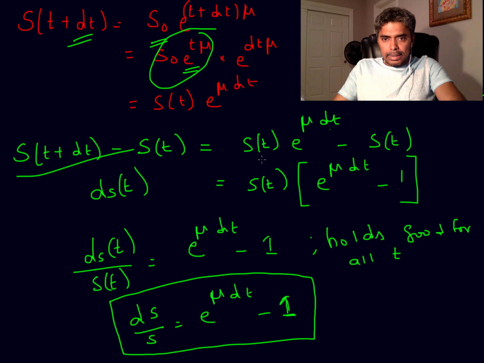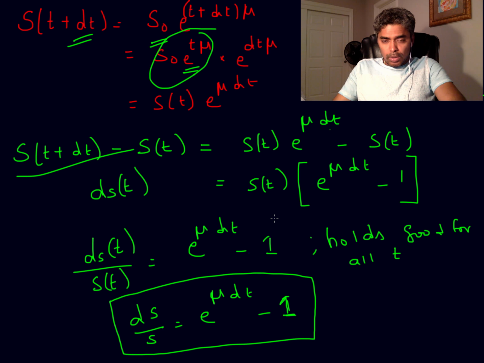If I subtract, you can see that S of t is a common term. If I take S of t out, it means S of t times (e to the power mu delta t minus 1). If I take S of t to the other side, it becomes delta S divided by S of t equal to e to the power mu delta t minus 1.